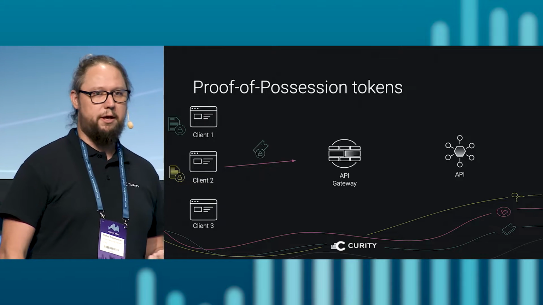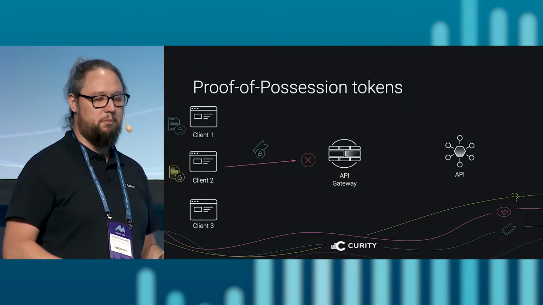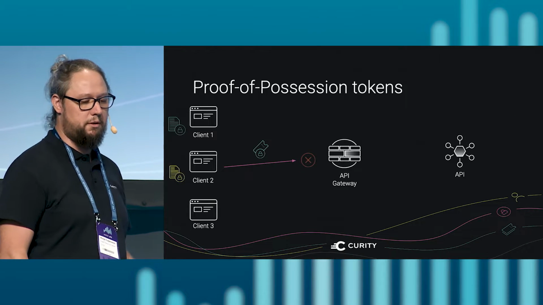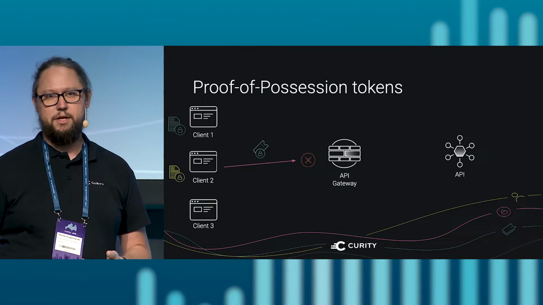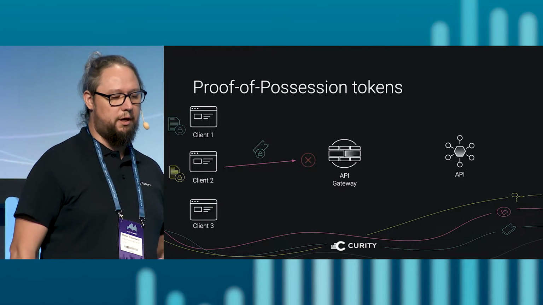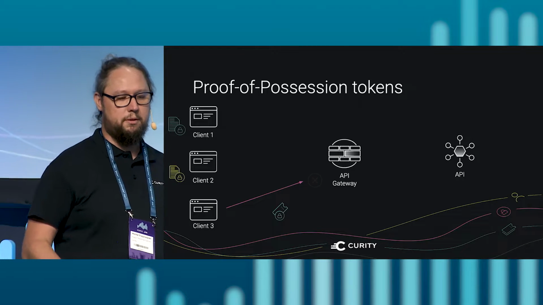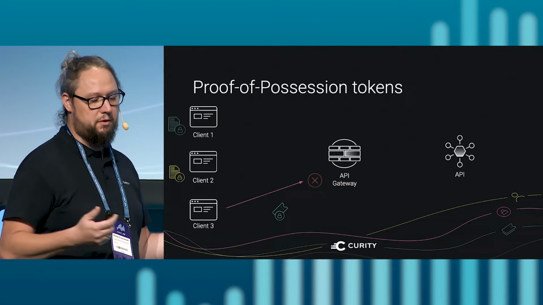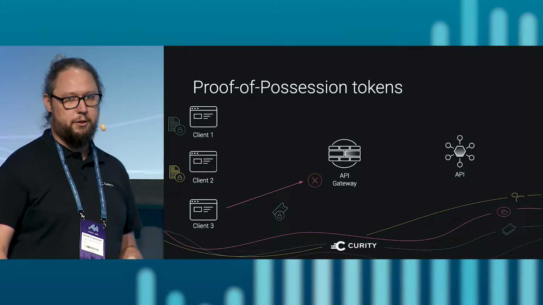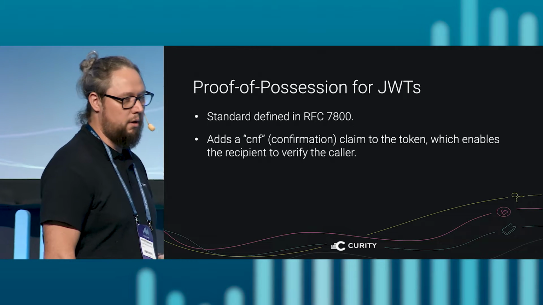So now if another client gets hold of the same access token, however, but sends a different proof of possession because it doesn't have the original one, the request will be rejected even though the token hasn't expired and the signature is OK, but the token doesn't belong to the first client. And it will happen the same if another client doesn't send any proof of possession. Obviously, the API gateway or an API will reject such a token.